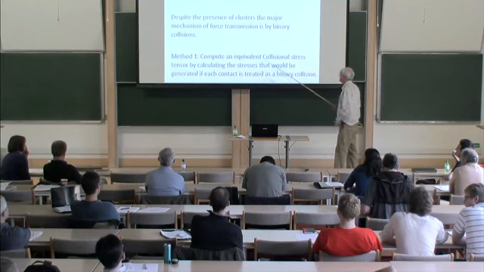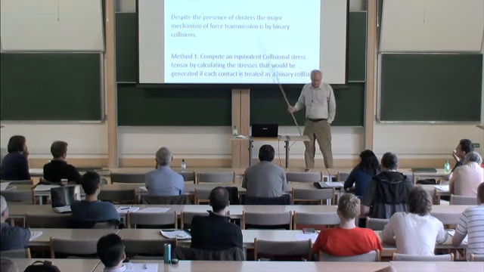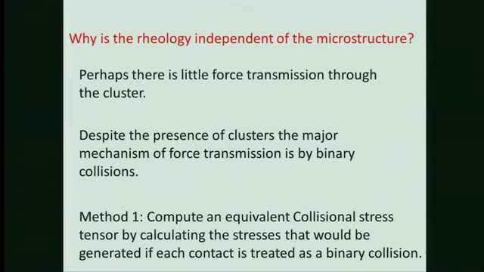What happens? Well, the first method I'm going to show you, which is the second one that occurred to me, is that I actually can compute an equivalent binary collision stress tensor. That is, in the same simulation, I form a contact between two particles, I then compute a stress tensor as if it was a binary collision. Don't worry about what happens until the contact breaks.